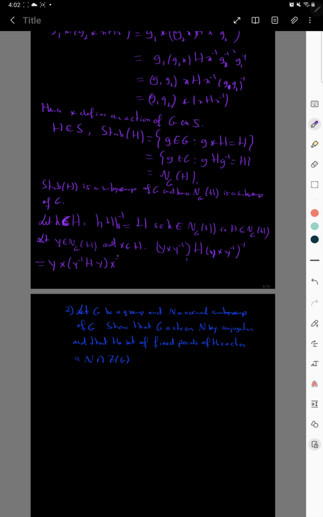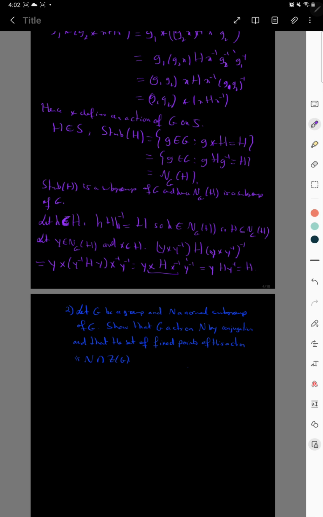Well, if y belongs to N_G(H), then yHy inverse is just H. So if x belongs to H, then yxy inverse is in H, since y belongs to N_G(H).